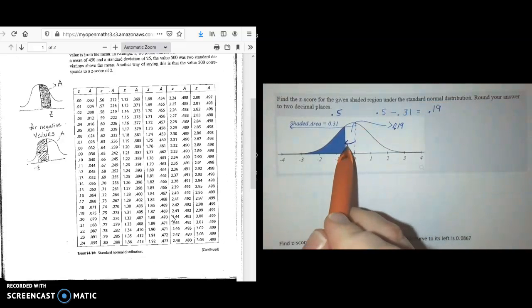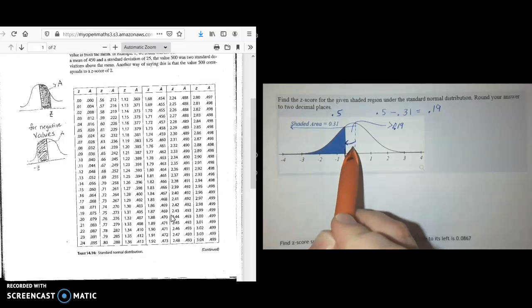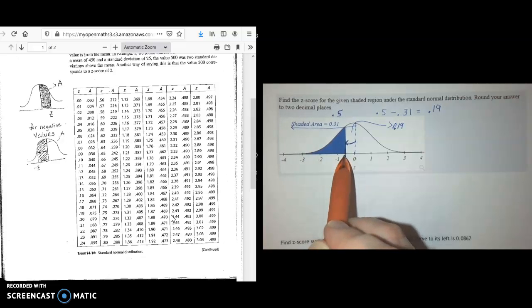So what I need to do is find the z-score that is associated with 0.19. Now this is going to be over here because it's below 0, so it's negative. So I'm going to look in my table for the area 0.19. I'm not looking at z here, I'm looking in the A column. So 0.19.